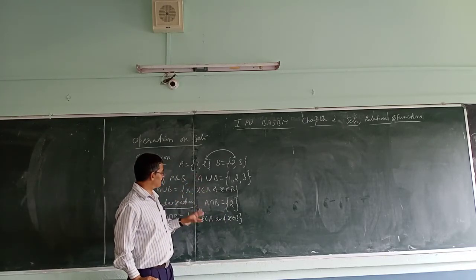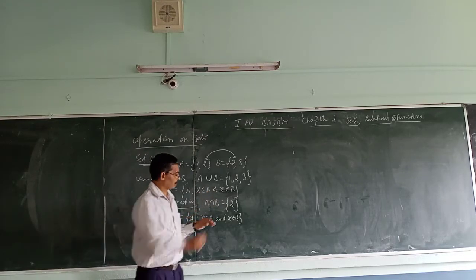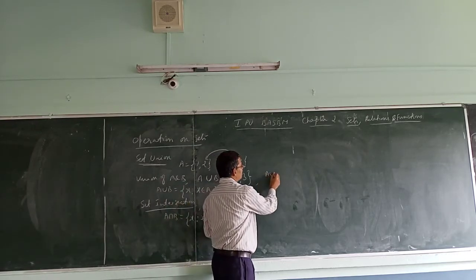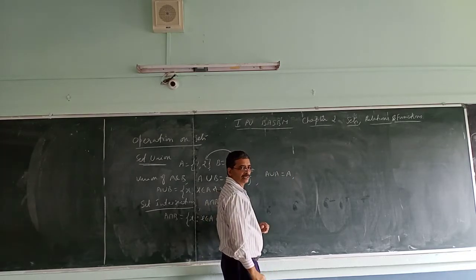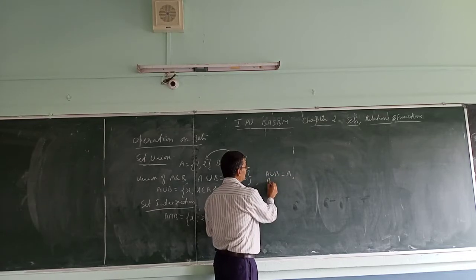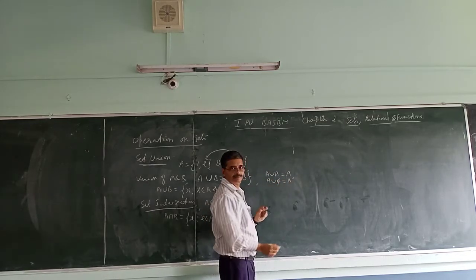Regarding union and intersection, we have some properties. A union A is A only. A union null set is A only.